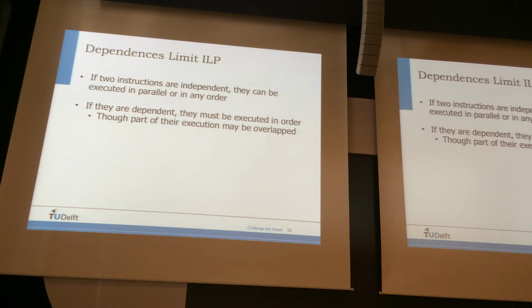Now, this is what I want to obtain: to identify instructions which are independent and to execute them in parallel, in any order, without damaging the evolution of the program and the data flow. And even if they are dependent, I might have some kind of overlapped execution, as I said about forwarding.